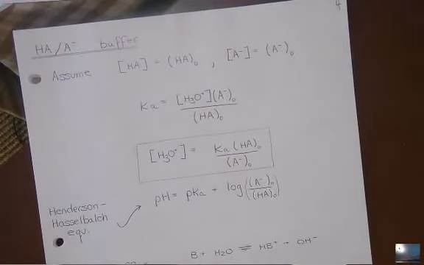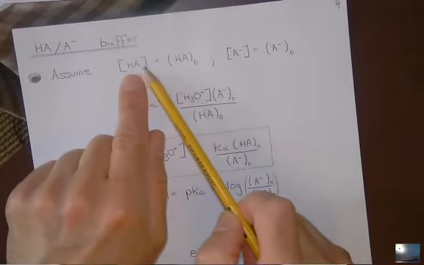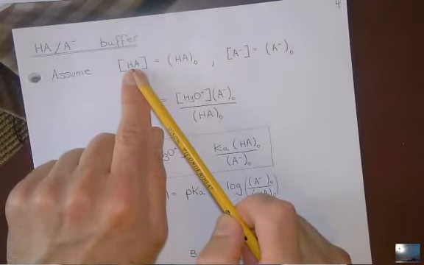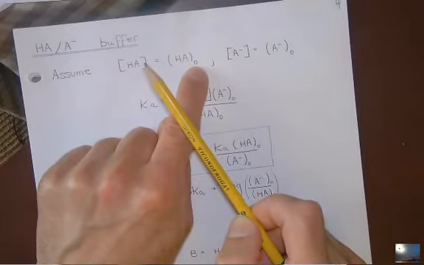Okay, so what's going to happen is that in all of our acid-base systems, we're going to drop the X. So very quickly, you can assume that the concentration at equilibrium of the acid part of the buffer is equal to the initial concentration. That little 0 means initial concentration.